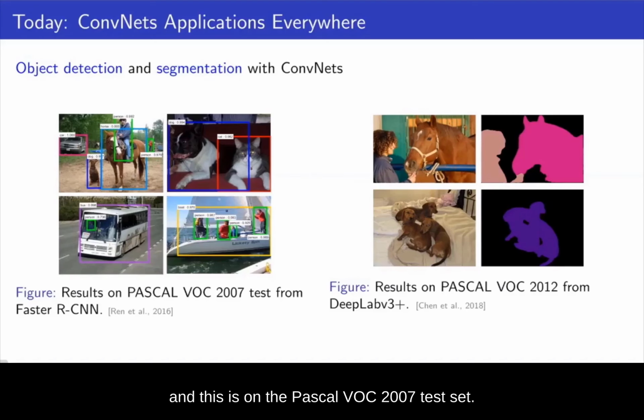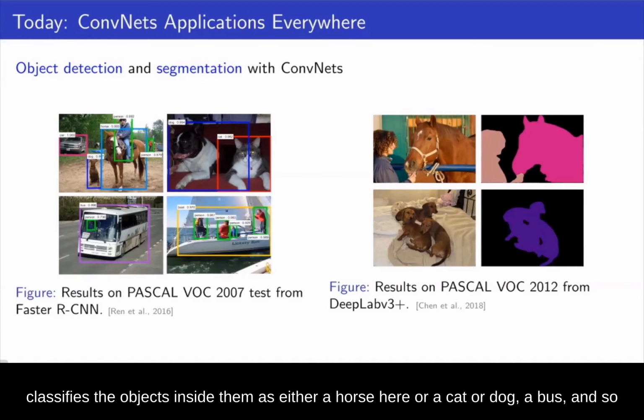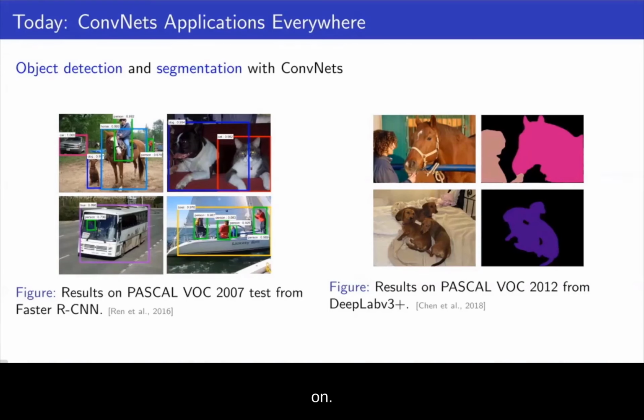This is on the Pascal VOC 2007 test set. Here, the network localizes objects by regressing the bounding box coordinates, and it also classifies the objects inside them as either a horse here, or a cat or a dog, a bus, and so on.